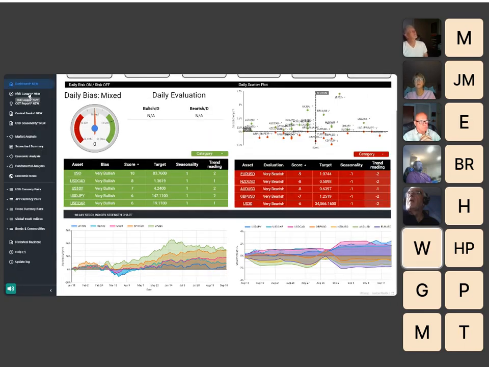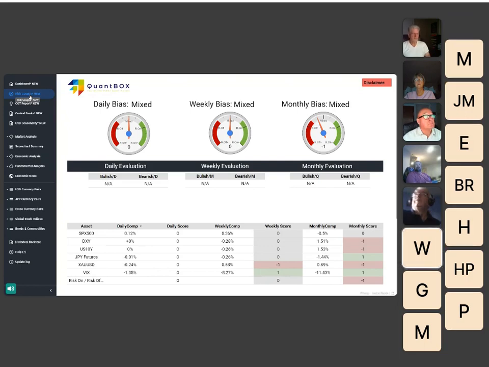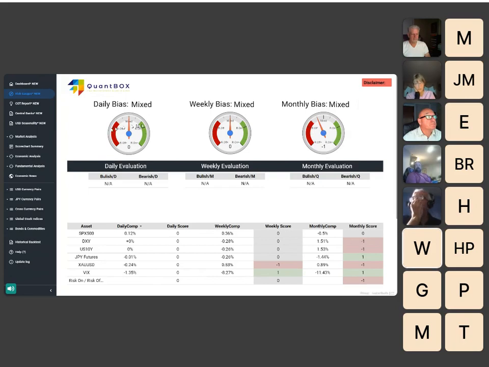Take a look at the gauges. Oh my God. Isn't that amazing? Three weeks ago, it was risk off, right? Risk off.